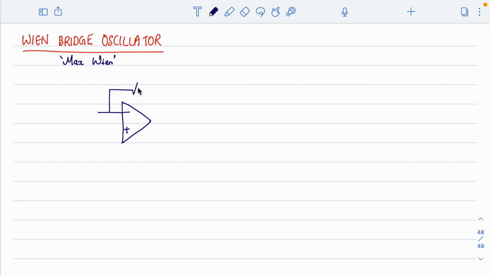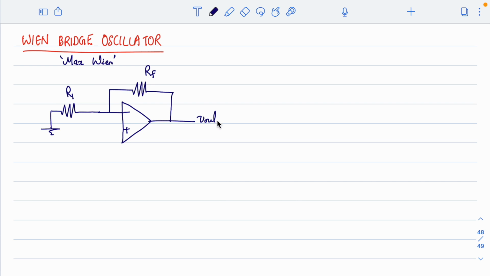Here we use a feedback, we'll call this RF and R1, right? And the moment we use this, it resembles a non-inverting amplifier feedback configuration, right?